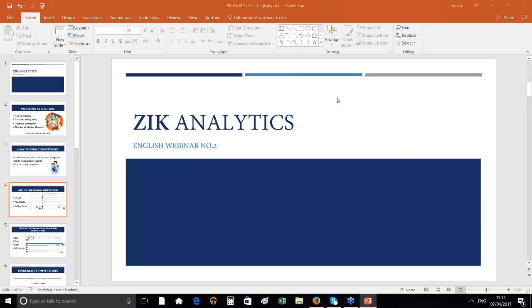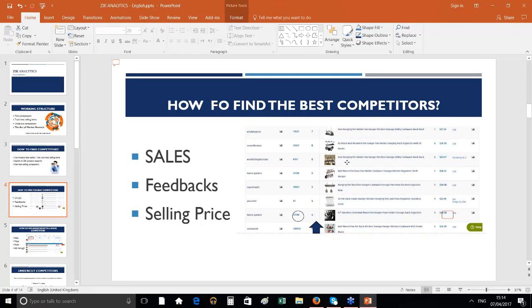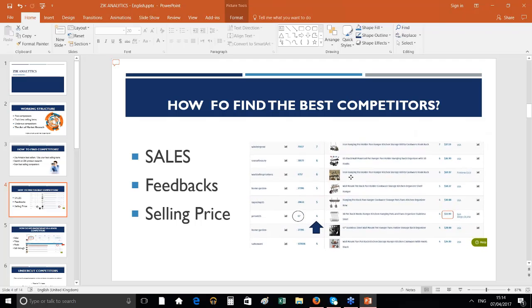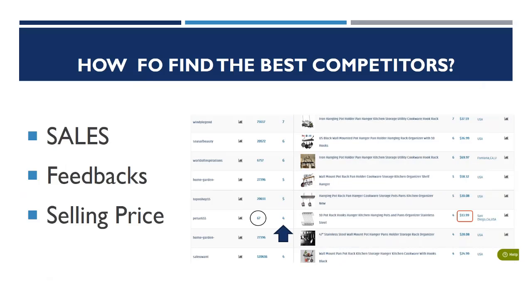Why? Let me just fix it here because I think it just moved a little bit. Okay, perfect. Because if I'm asking you, a seller with 75,000 feedbacks that sold 7 times this product for $37. First of all, this seller is very strong.